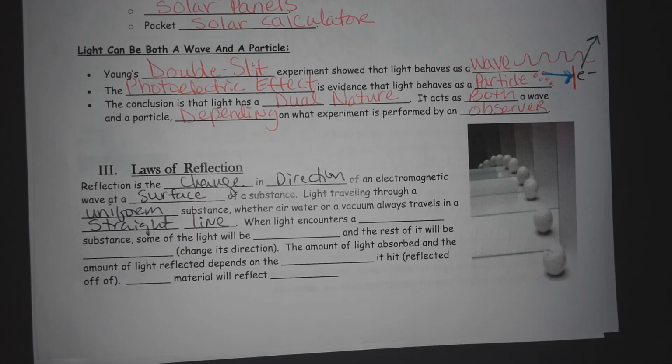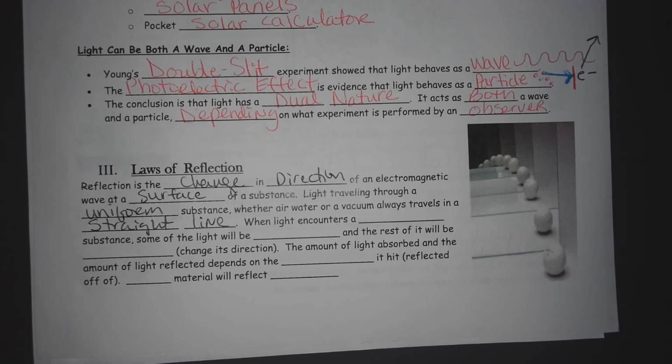Light always travels in a straight line unless it encounters a second substance, which is really cool because this has a lot to do with astronomy. We're able to see about big masses, with light curvature or space-time curvature, but that's something completely different we won't talk about in this unit or in this class at all. But that's pretty cool stuff, though.